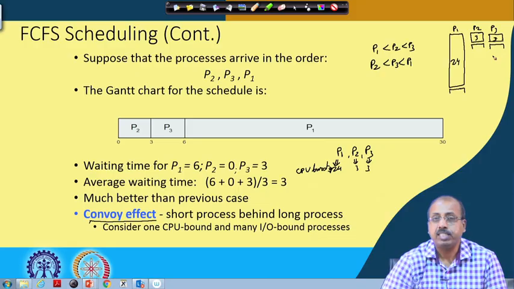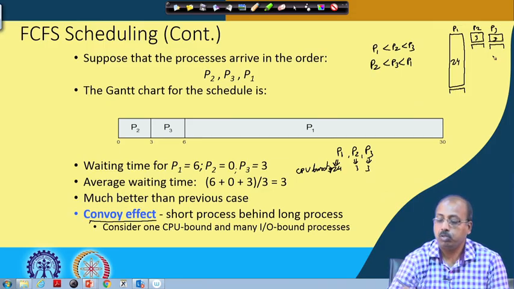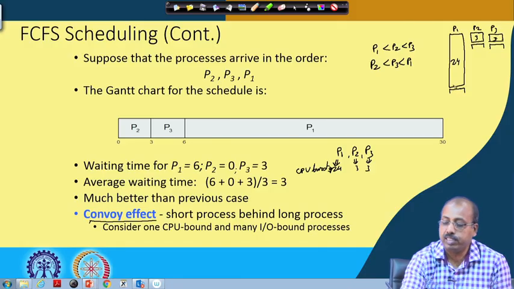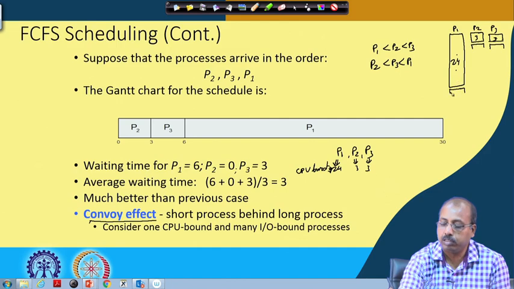So, in some sense we can understand that P1 is a compute bound job, whereas P2 and P3 are very likely IO bound jobs. In a compute bound job, once the CPU burst is over, it goes into a very short duration IO burst.